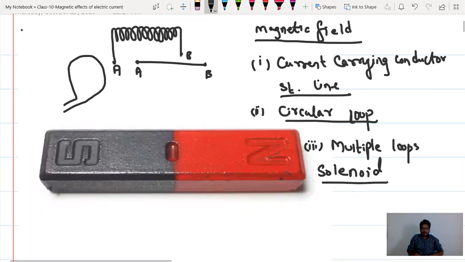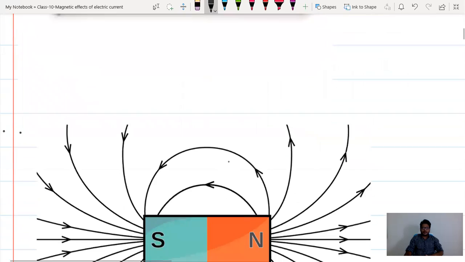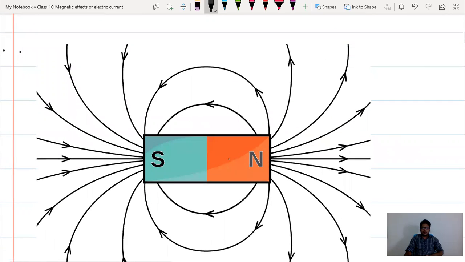Okay, we know magnets are of different types. There will be two poles for the magnet, north pole and south pole. Next, what we have learnt: around a magnet there will be a magnetic field.